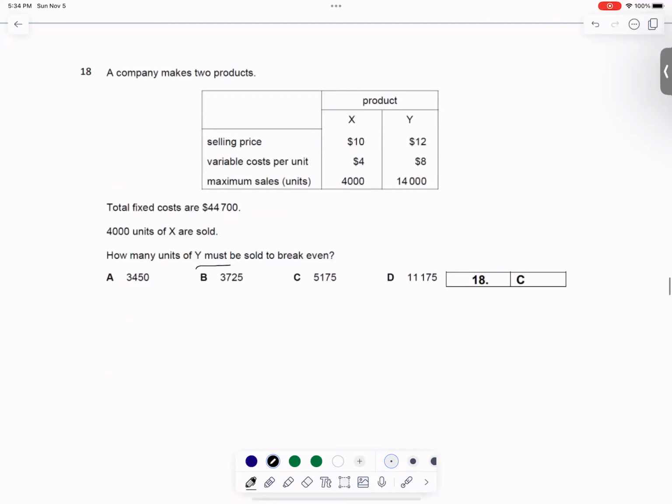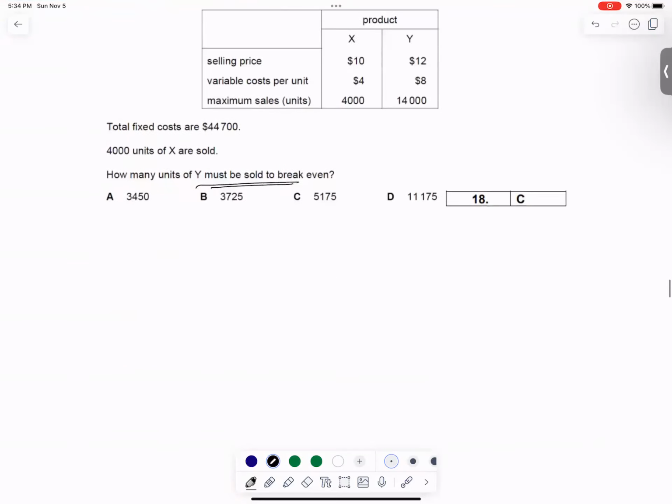How many units of Y must be sold to break even? Now look over here. X and Y are two products. Contribution per unit is sales minus variable cost.